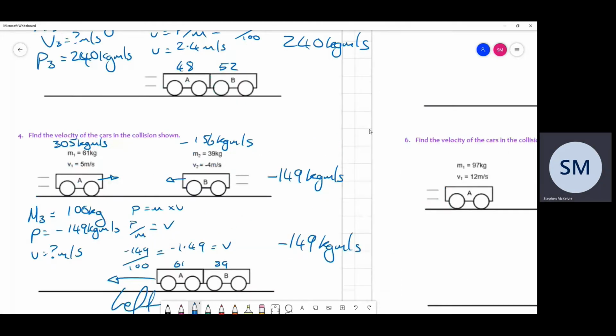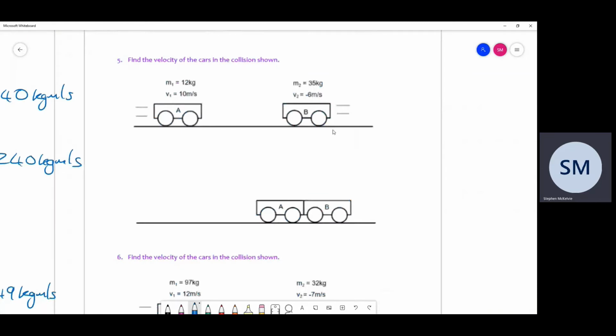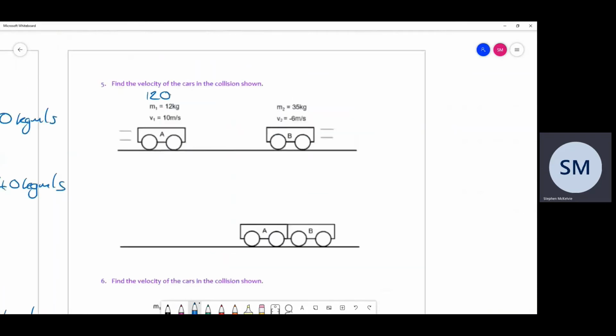Find the velocity of the cars shown in the collision. 12 times 10 is 120 kilogram meters per second. And this is negative velocity, so it's going to be 35 times 6, giving me negative 210 kilogram meters per second, giving me an overall momentum of minus 90 kilogram meters per second.